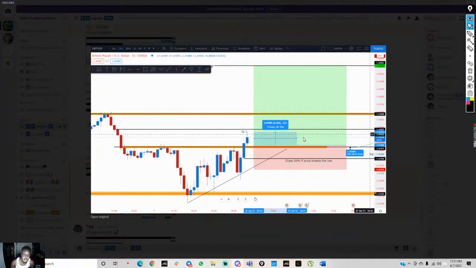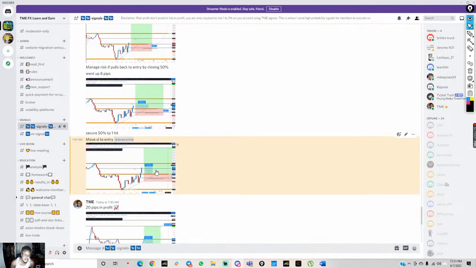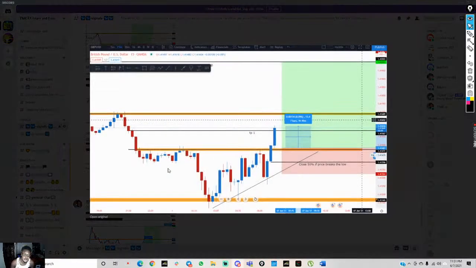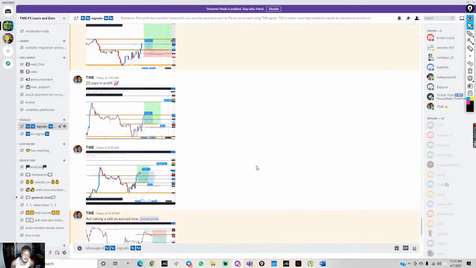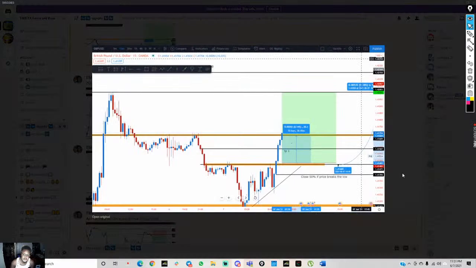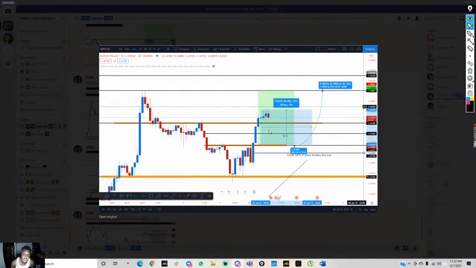Here we went up 8 pips in profit, and then take profit one was hit. Take profit one took about 10 to 15 minutes at 13 pips, and we did get some continuation, up 20 pips, and went up to 34 pips.